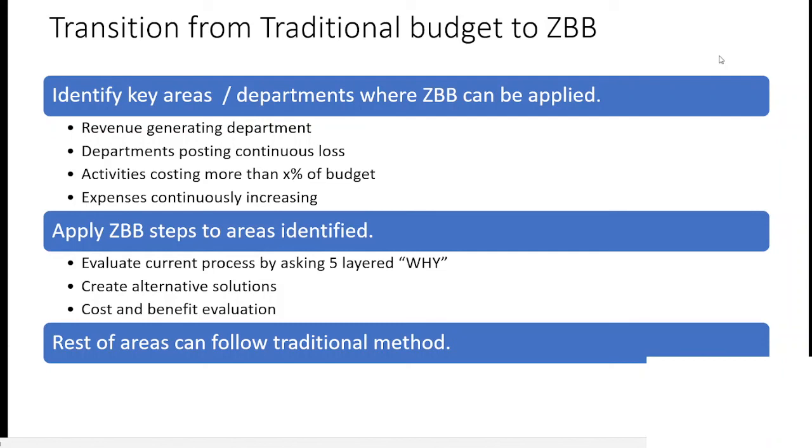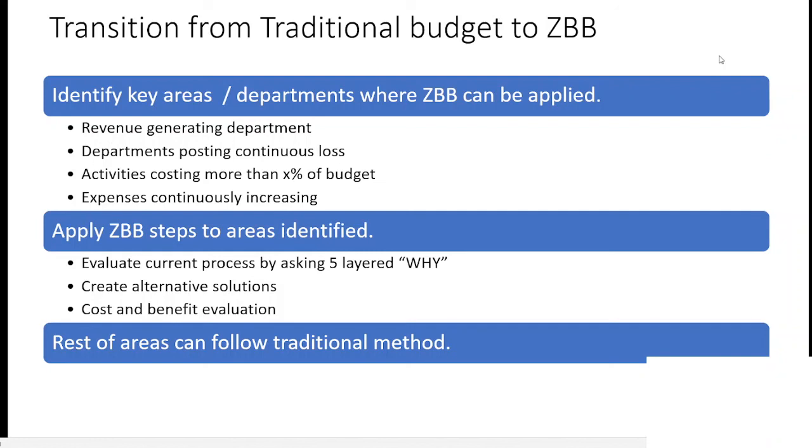If we know that we are going to apply zero-based budgeting for certain departments, we would start in September for those particular departments, and then we carry out the process of identifying the solutions, finding the alternative costs, finding the cost and benefit of certain processes, and then we do the budgeting.